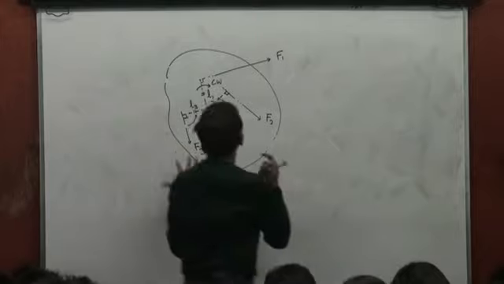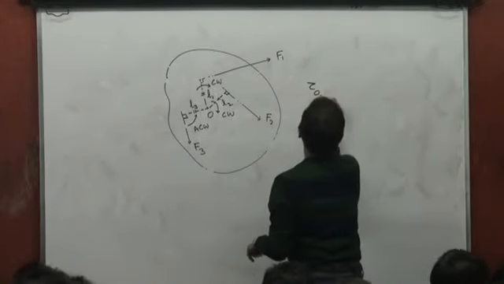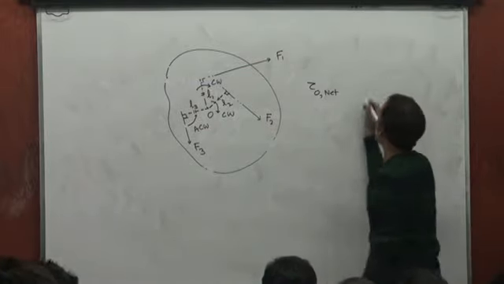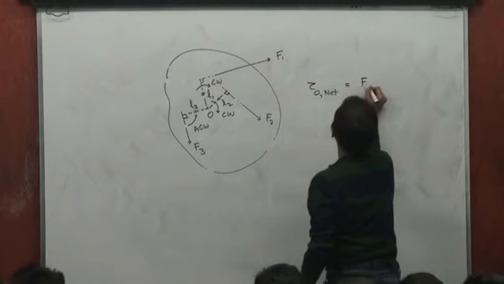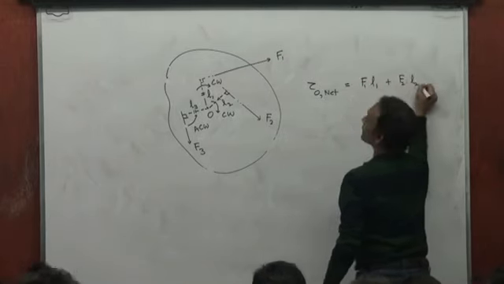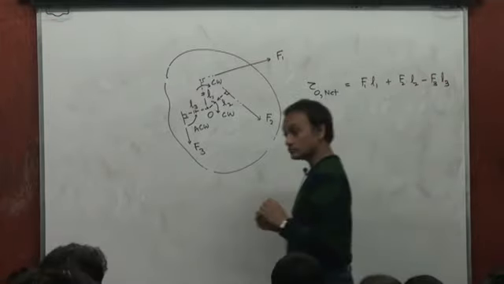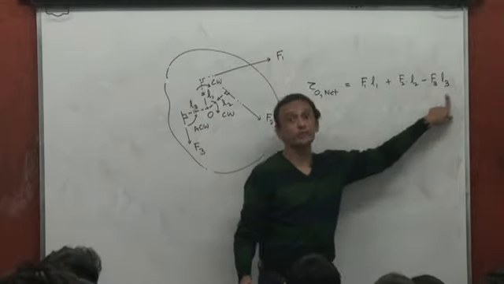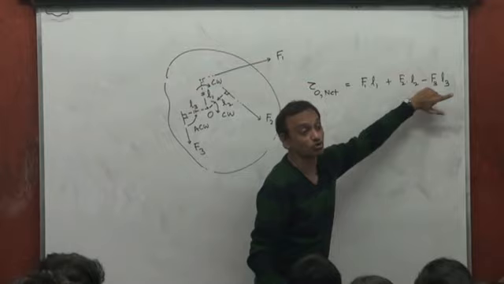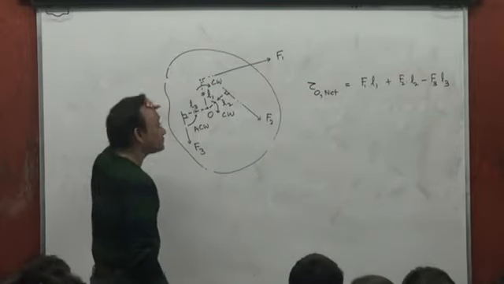So the magnitude of the net clockwise torque about O would be F1 into L1 plus F2 into L2 minus F3 into L3. If this number turns out to be positive, then the net torque about O is clockwise. If this number turns out to be negative, then the net torque about O is anti-clockwise, right?